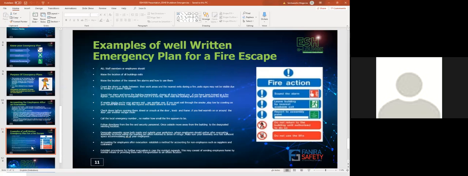And let's not forget, during shutdowns, emergencies might be severe. Let's always ensure that we establish procedures for evacuation, evacuation being the key.